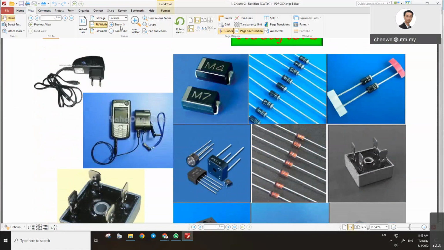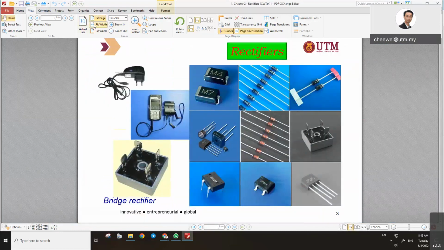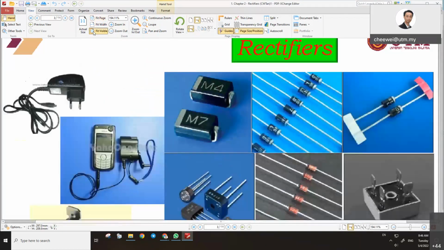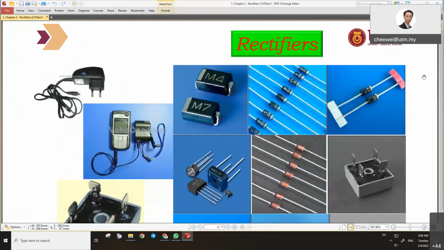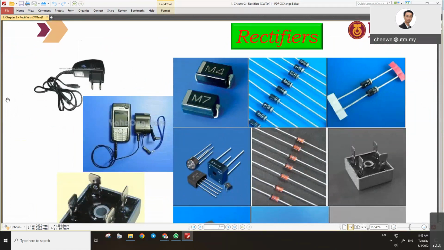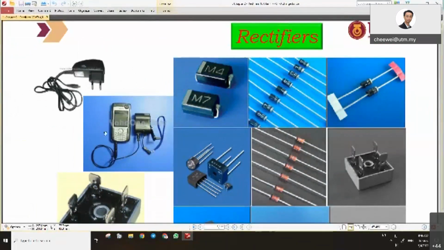What is that? Anyone? What is the rectifier that you use every day? What is this? What is that?